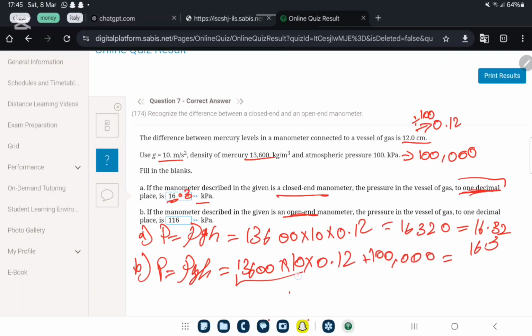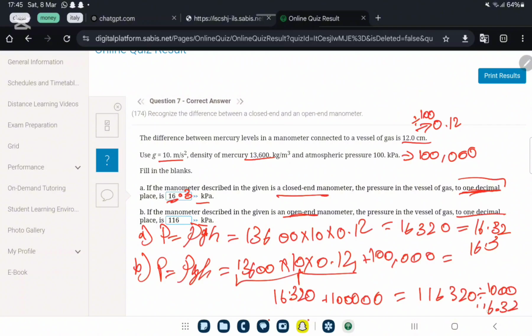Now we already got this from the last part, 16,320 plus 100,000, you get 116,320. Again, one decimal place, kilopascals, divide by 1000, 116.32, so 116.3.